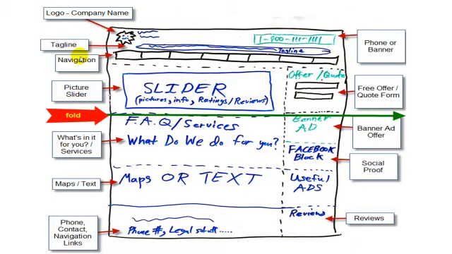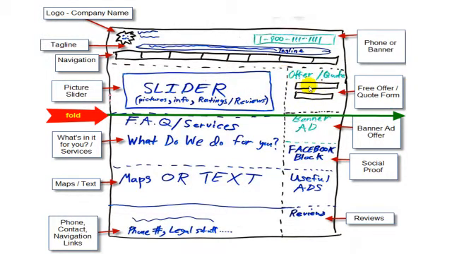Then you have your tagline here, your navigation menu, your slider, and you'll notice that more and more WordPress themes are including some sort of slider. And the slider should contain pictures, information, ratings, reviews, and so forth.